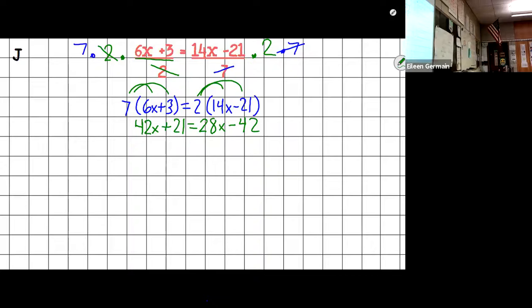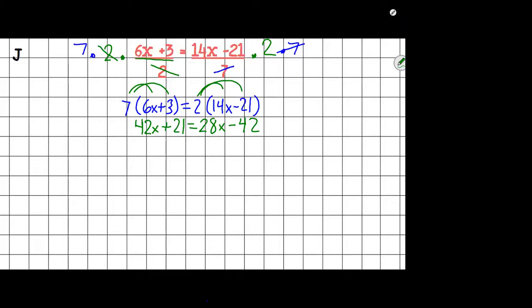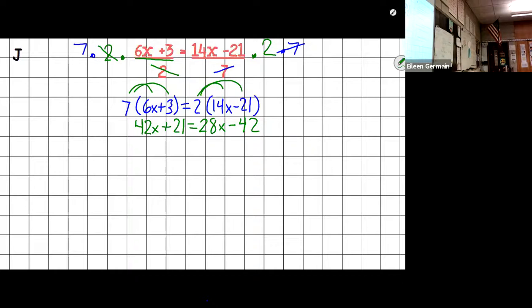So then thinking about the next step, what would we have to do next here? Subtract 21 by negative 42. Very good. So from both sides, we would subtract the 21, okay?